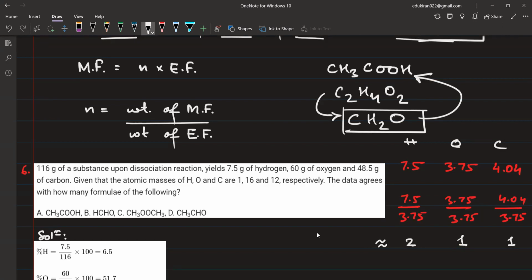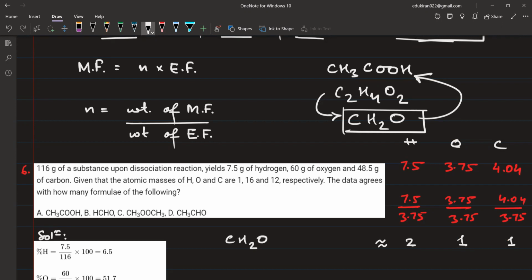Correct? Yes or no, please tell me. So what do we have as the empirical formula? You will get the empirical formula that is equal to 1 carbon, 2 hydrogens and 1 oxygen.